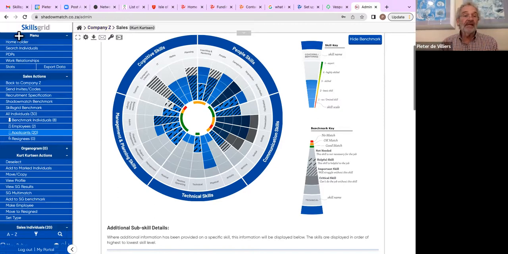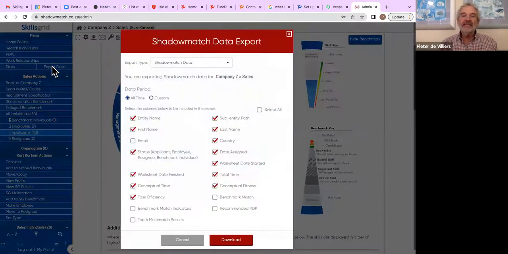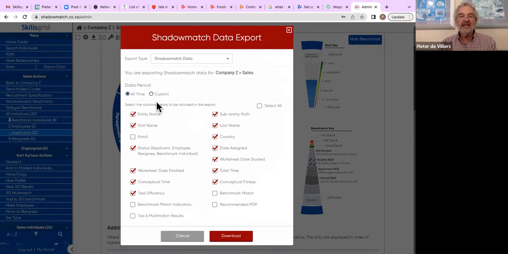Now what I can do is a magic thing and say, for all the people, let's export the data. And the system says, good, we will export the data for you for company Z on the department sales. These are the things that we naturally would select as the data export. You can say email, but we want to protect the identity of the individual, so we don't mark it.